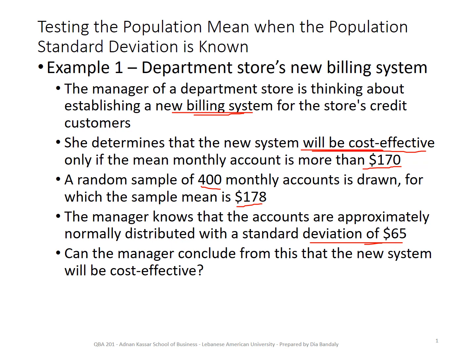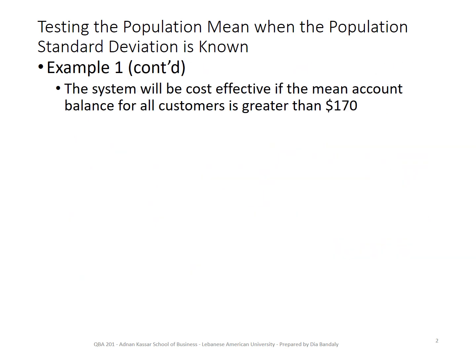We're going to use the hypothesis testing procedure. All right, so as we said before, the system will be cost effective really only if the average of all their customers' accounts is greater than 170. By the way, remember I told you previously that this can be a challenging part in developing the hypothesis: the value of that mu that you're trying to find, whether it's greater, less, or different, how to come up with that.